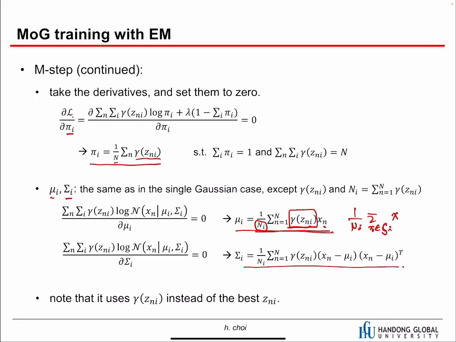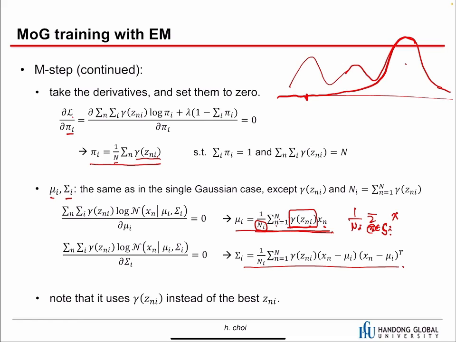But in this case, instead of checking the samples in the cluster, we check all the samples from the first to the last, because this is not a hard decision. So even when the sample is around here, it belongs to the third cluster somehow, because the third cluster's Gaussian distribution might be like this. Even though it is close to zero, there is still some probability there.